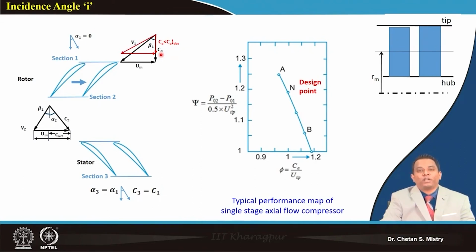Just try to understand what we have done. We have moved from point N to point A where my axial velocity is lower. Suppose I consider a second configuration, moving towards point B. Point B represents a higher value of my axial velocity, or higher mass flow rate.